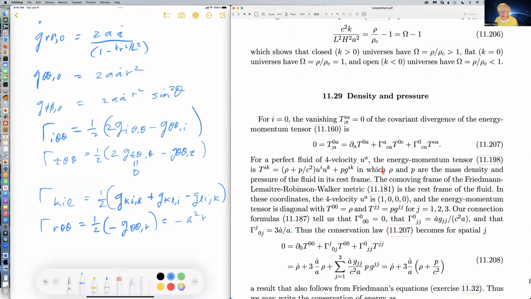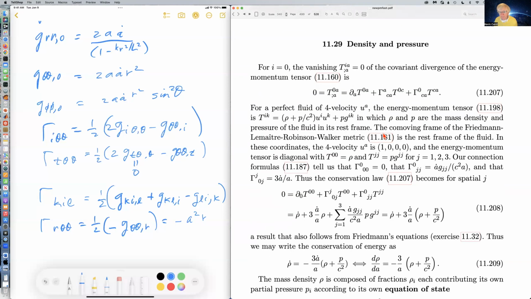Okay, now density and pressure. The vanishing of the covariant derivative of the energy momentum tensor is this expression here. That follows from the principle of least action. That gives us this equation.